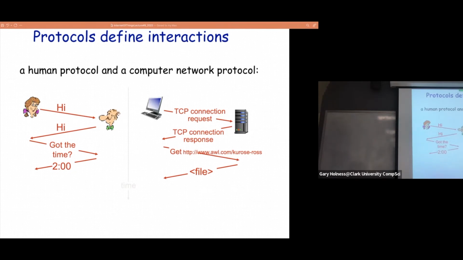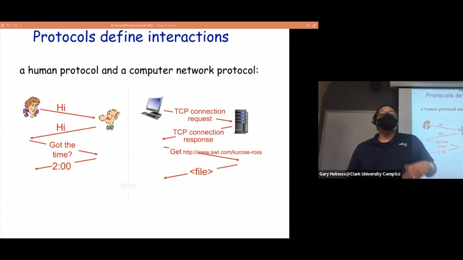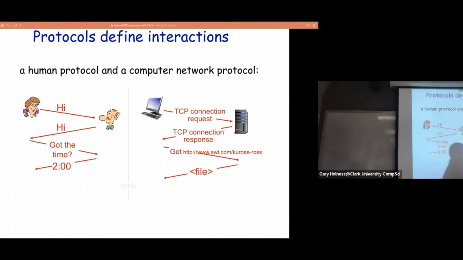It initiates the conversation. Now, TCP stands for Transmission Control Protocol. I won't talk about all the details of that. We don't have the time. That's a networking class. What this TCP does is it says, hey, do you have the resources needed to engage in this reliable form of communication called Transmission Control Protocol, or TCP?